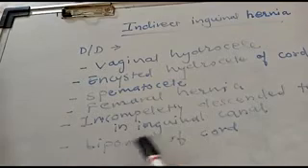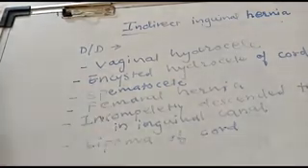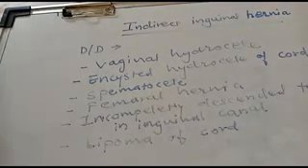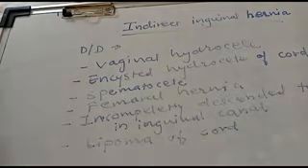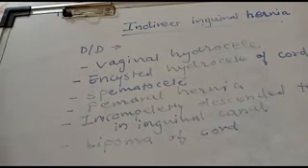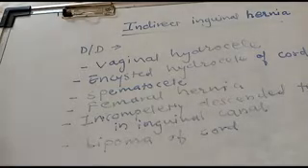Then if there is lipoma of the cord, you have to differentiate it from indirect inguinal hernia. You have to do the investigations, and along with that you have to differentiate it from indirect inguinal hernia.